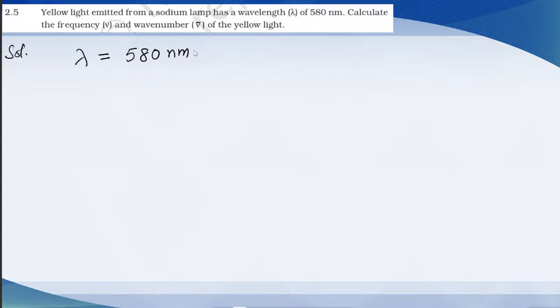Lambda is 580 nanometer, that is equal to 580 into 10 raised to power minus 9 meter. So we have to calculate frequency and wave number. So what is the relation between frequency and wavelength? Tell me.